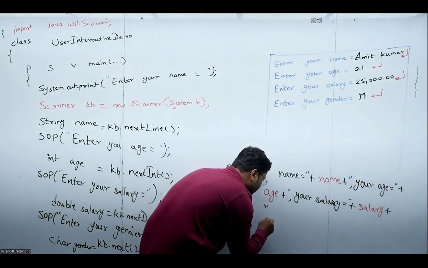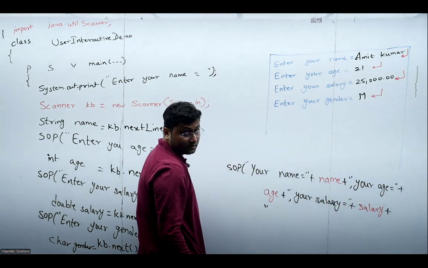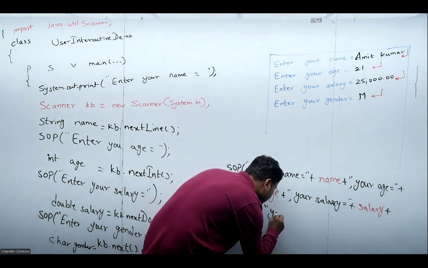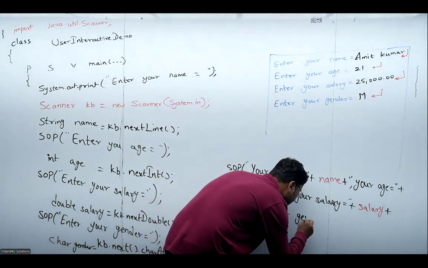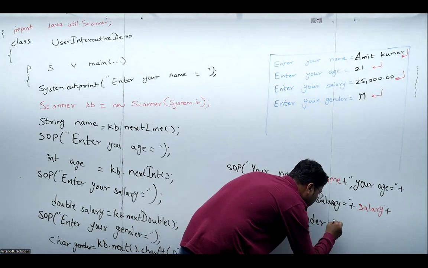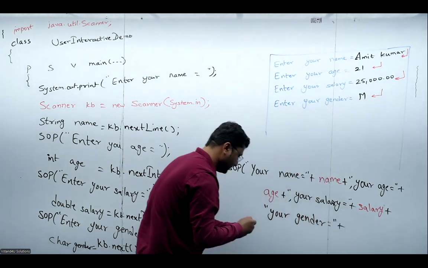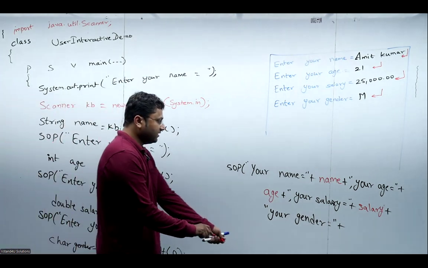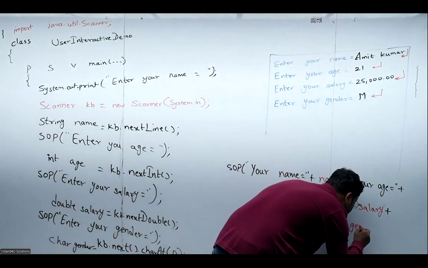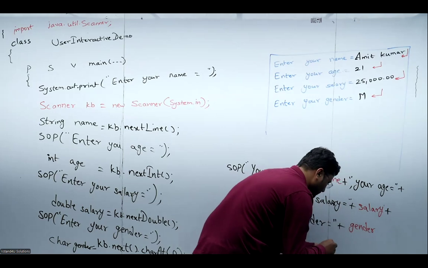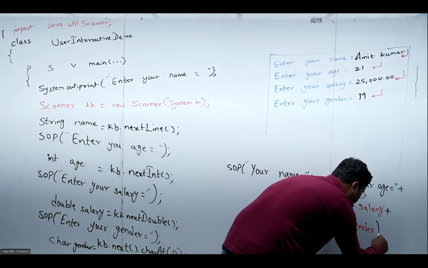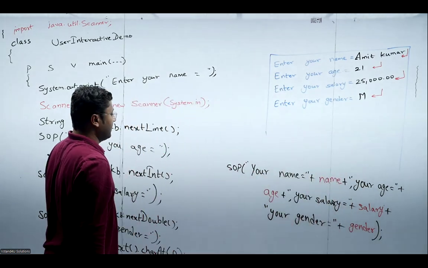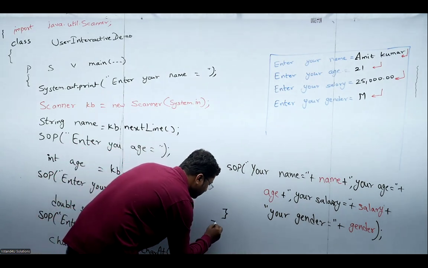The last thing which I need to show is, what is that? Gender. Your gender equal to double quotes plus. For gender, I have taken another variable called character gender. So I'll simply say gender. After this, I'll close the system.println. I'll close the main method. I'll close the class as well.